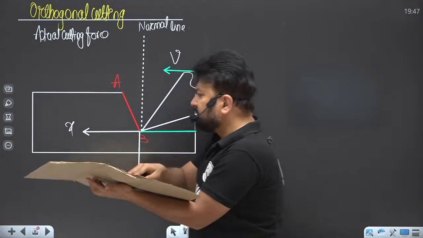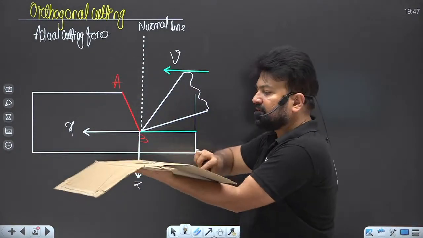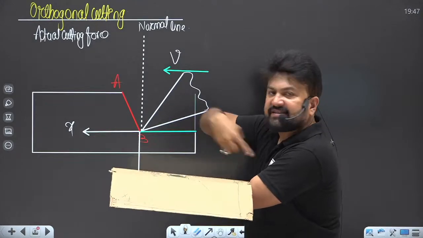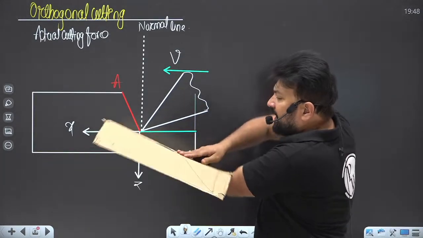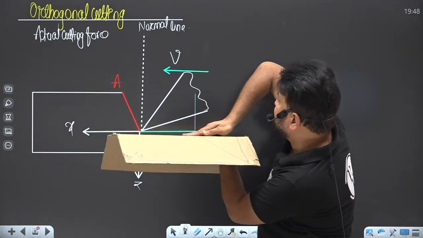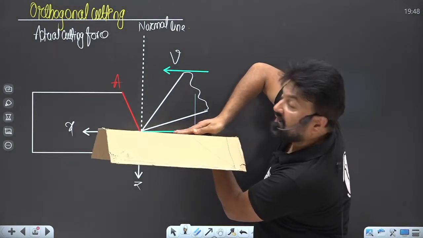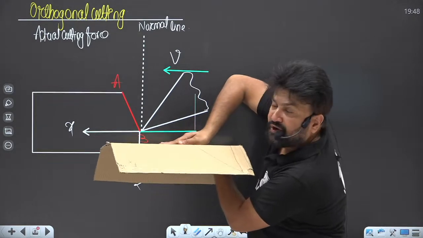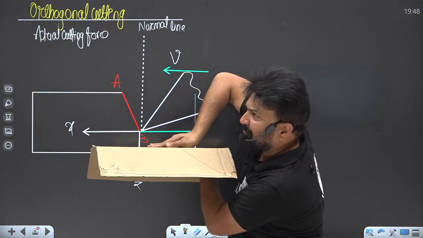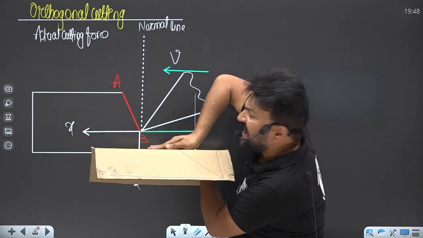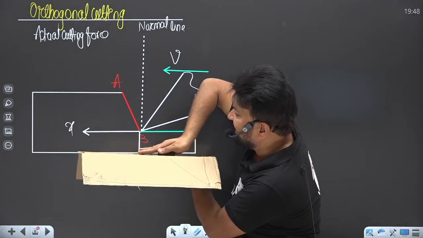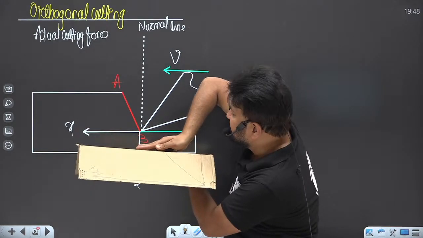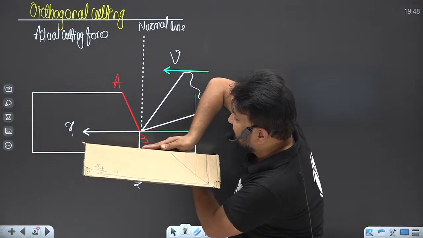This is the X direction, this is the Z direction. Look at the direction of my hand: your hand applies the force in a direction that is neither X nor Z, but in the XZ plane.